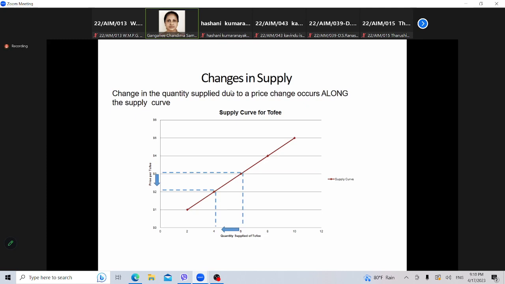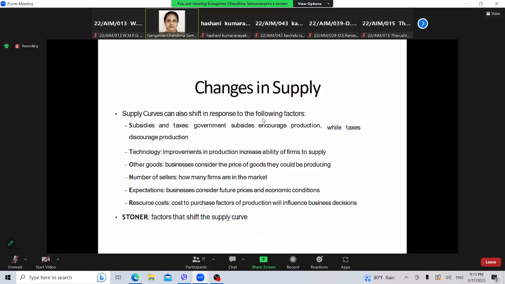Here the price decreased from 53 to 52. In the same direction, the quantity supplied also decreased from 6 to 4. Then you can understand the way of drawing this.